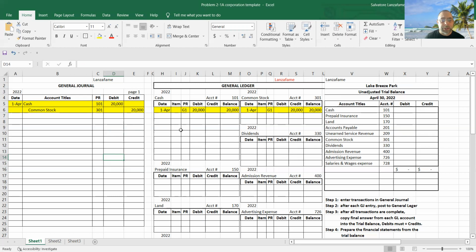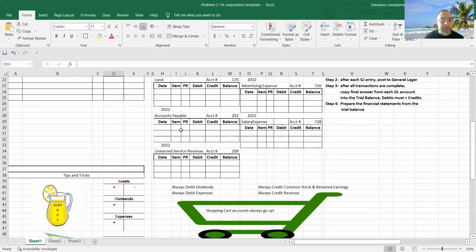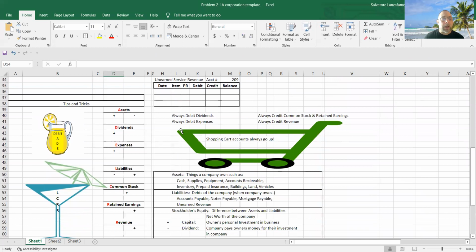On this worksheet, if I scroll down a little bit, you'll see some of my little tips and tricks that I've talked about in the past. If we're dealing with corporation accounts, our debit-aid accounts, instead of being assets, drawing and expenses, are now assets, dividends and expenses. Debit-aid accounts go up by a debit. Always remember that.